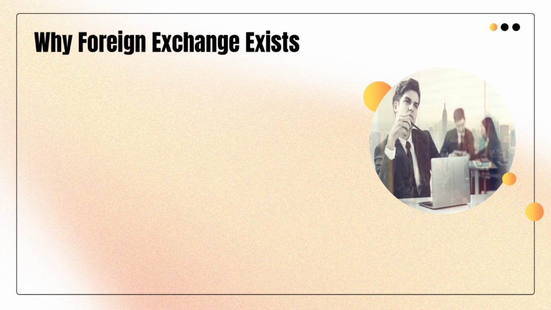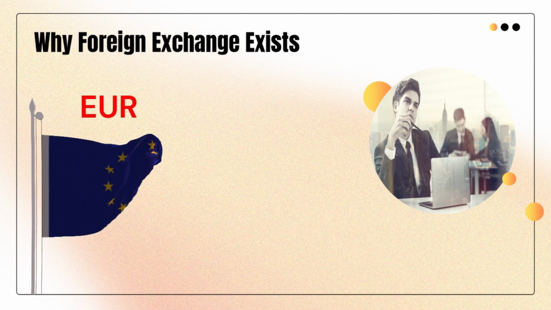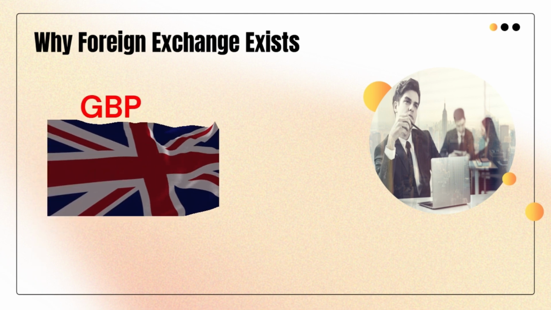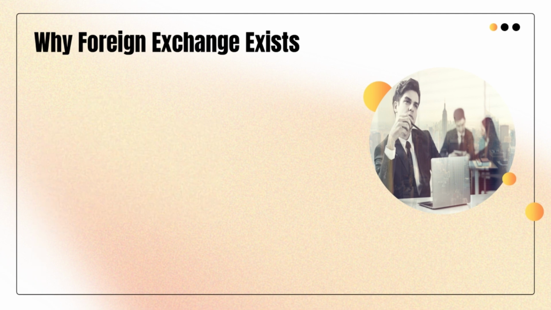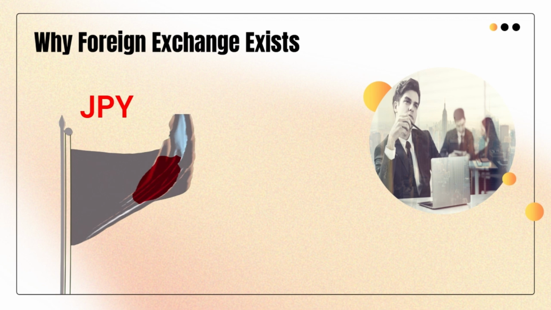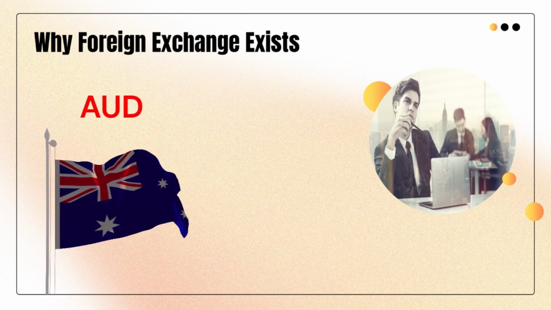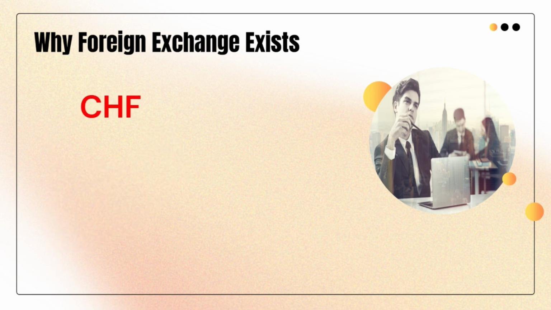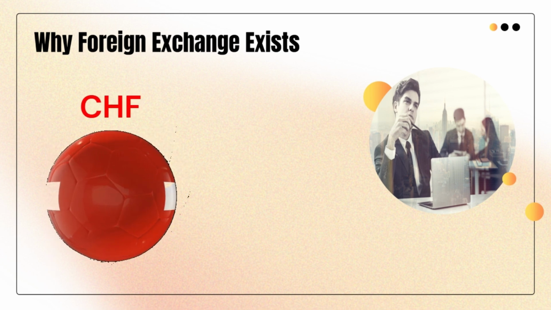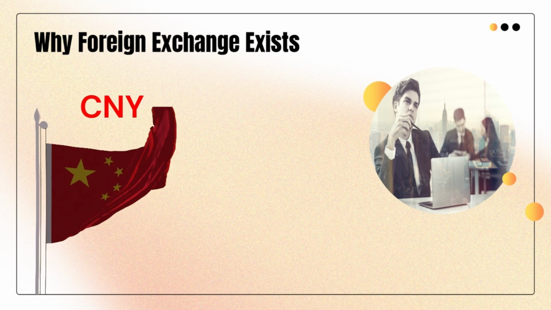The ISO codes for the G20 currencies. USD for US dollar. EUR for Euro, for European Union. GBP for Great Britain pound. JPY for Japanese yen. CAD for Canadian dollar. AUD for Australian dollar. CHF for Swiss franc. CNY for Chinese yuan renminbi.